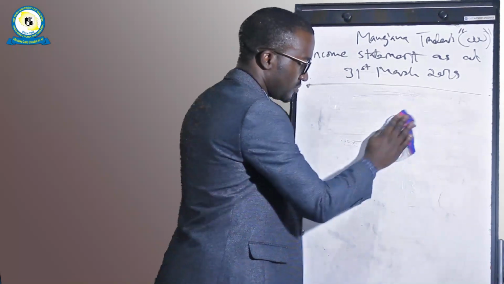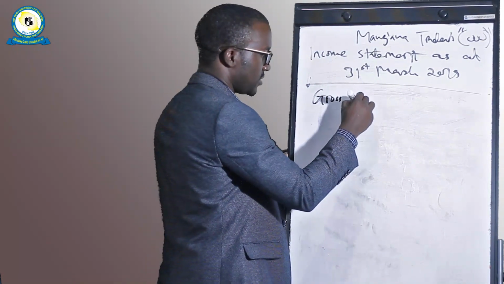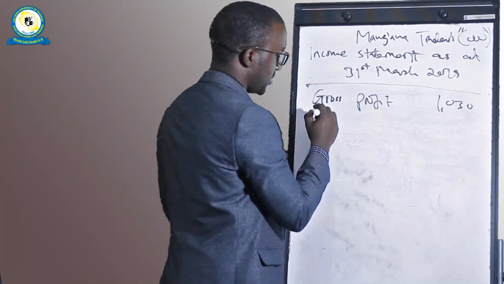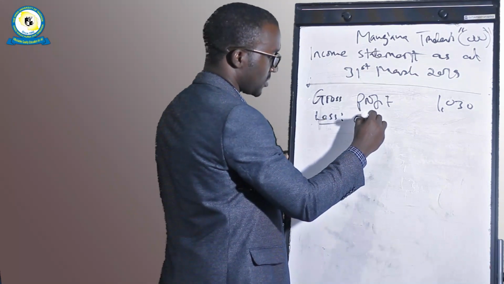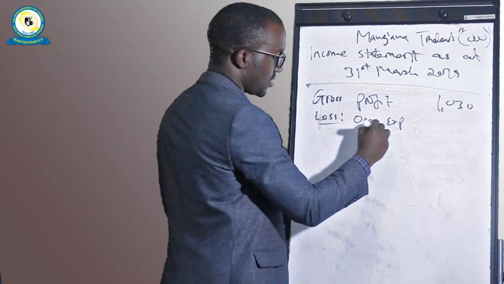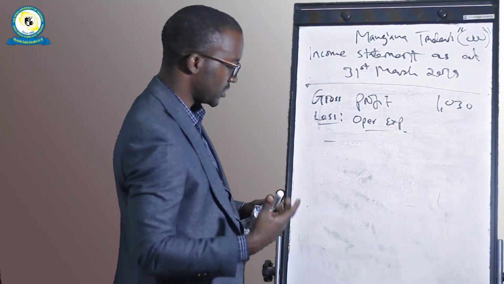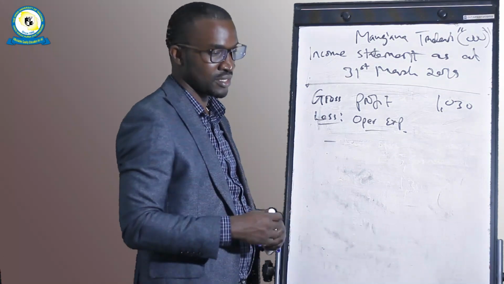So I have my gross profit here of 1,030. Then I'm going to less expenses, operational expenses, like rent, electricity, utilities, salaries and so forth.